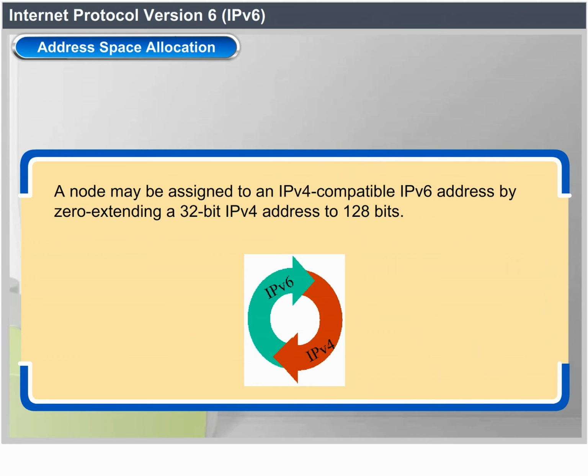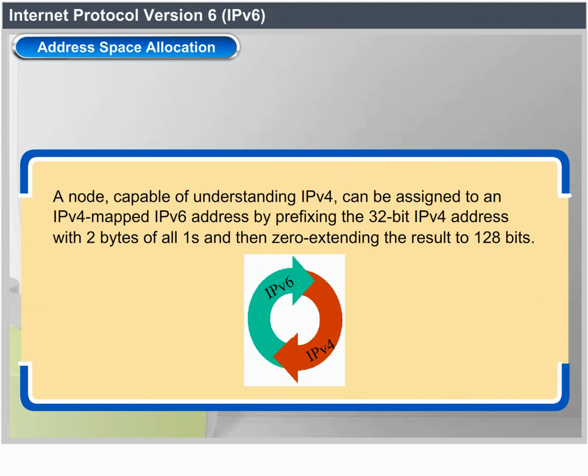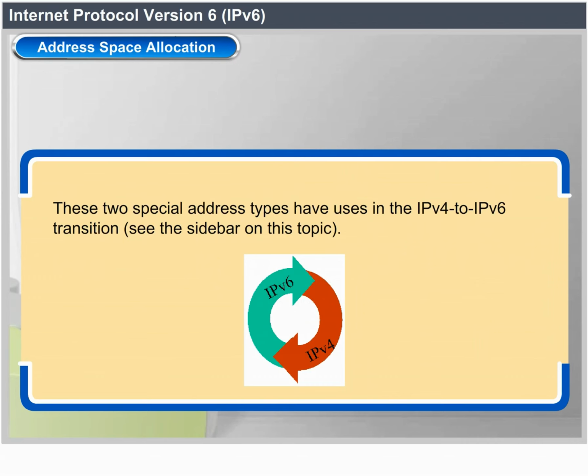A node that is only capable of understanding IPv4 can be assigned an IPv4-mapped IPv6 address by prefixing the 32-bit IPv4 address with 2 bytes of all ones and then zero extending the result to 128 bits. These two special address types have issues in the IPv4 to IPv6 transition. See the sidebar on this topic.